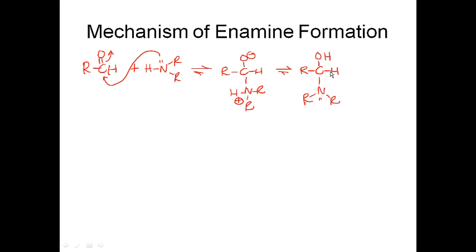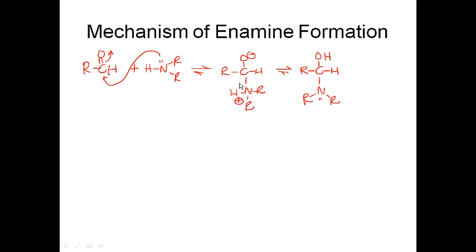And coming back to this step for a minute, sometimes you'll hear people say, well, this proton just simply transfers up to the O-. I doubt that happens intramolecularly in the same molecule. What's more than likely to happen is two of these molecules are going to come together, and the O- part of one molecule is going to deprotonate the N+ part of the other one. So I think that's more realistically what happens.